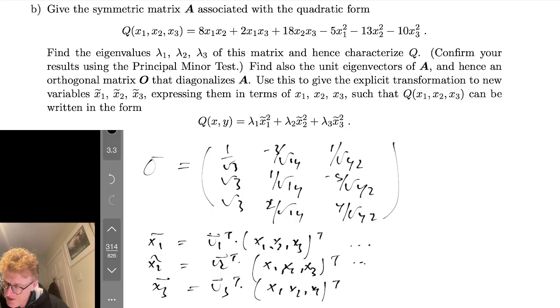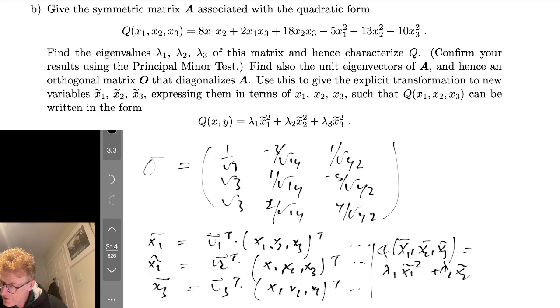You get something, and now you have to check that lambda 1 x1 tilde squared plus lambda 2 x2 tilde squared plus lambda 3 x3 tilde squared is q, the original q of x1, x2, x3.